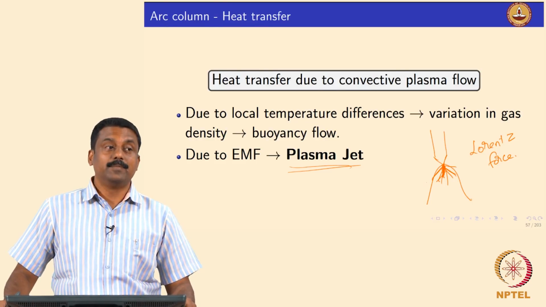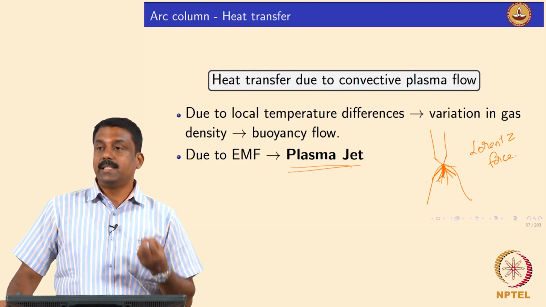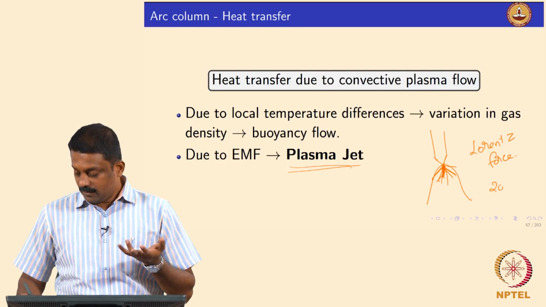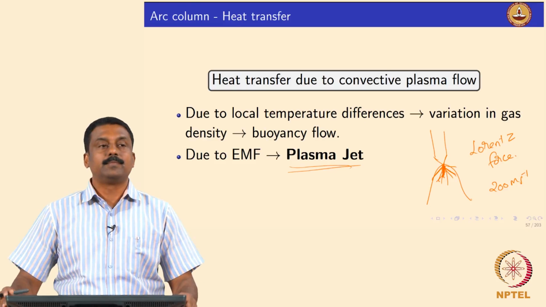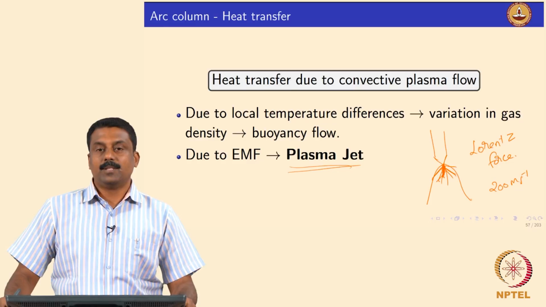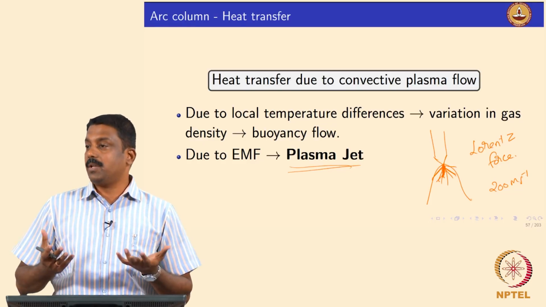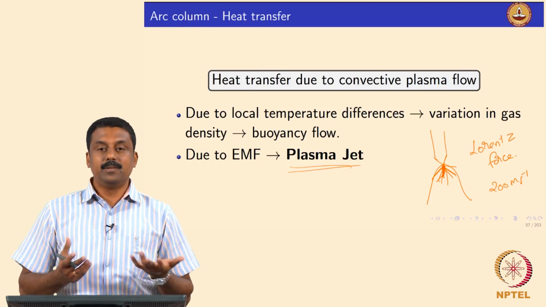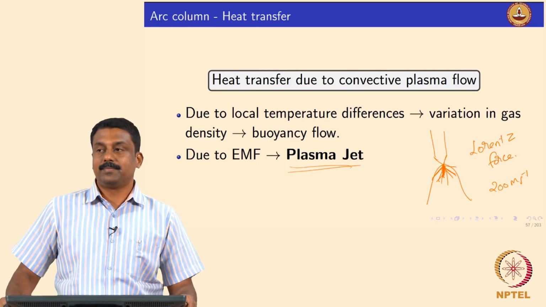So the flow inside the arc plasma can go as high as 200 meters per second, okay, at the center of the arc column, because of the accumulation of an enormous amount of charge, which creates the Lorentz force leading to jet formation.